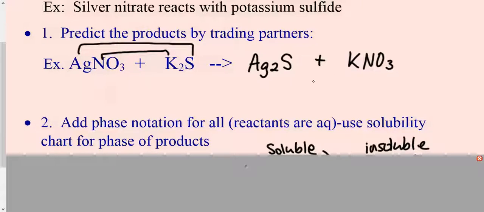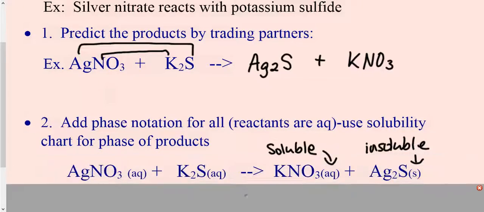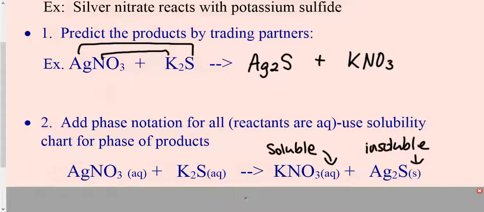If both of these are soluble, they're both aq, and then you would just write no reaction and stop here. So let's go ahead and do that. We said our reactants are always aq. We check the solubility chart. Alkali metal with anything is always soluble, therefore aq for KNO3. Silver sulfide is insoluble, therefore solid, therefore yes, a reaction takes place.